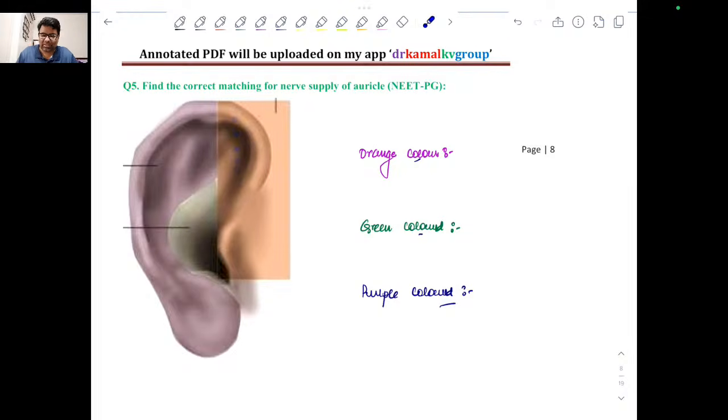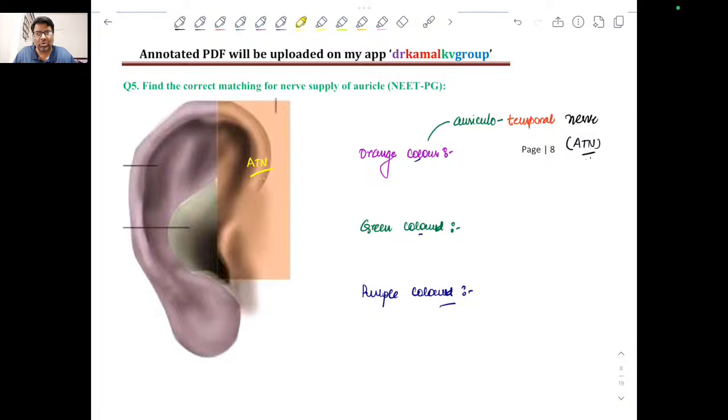So what is the name of this nerve which is supplying temporal area and also the auricle? So it is very easy to answer. So this is auriculo, from auricle, and temporal from temporal. So this is auriculotemporal nerve. So AT, auriculotemporal nerve. So I think you will not forget this. So this area is supplied by auriculotemporal nerve.